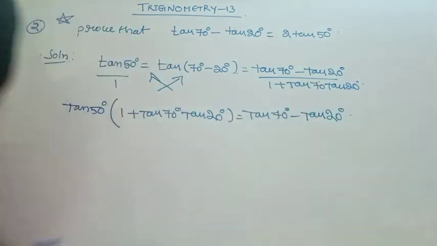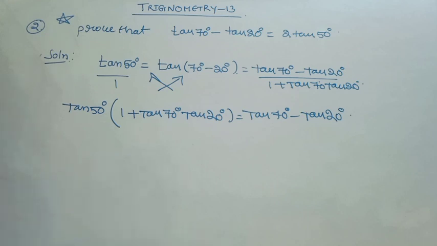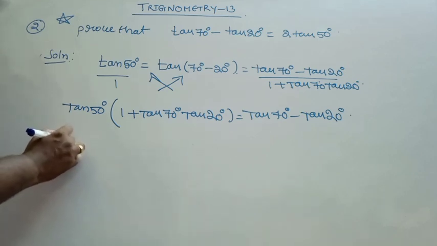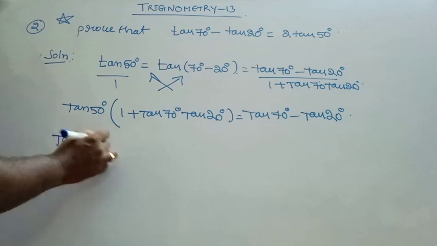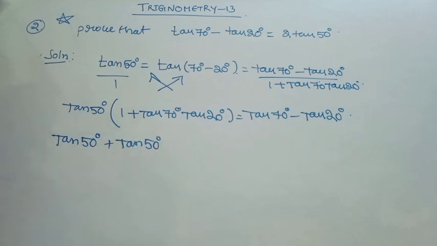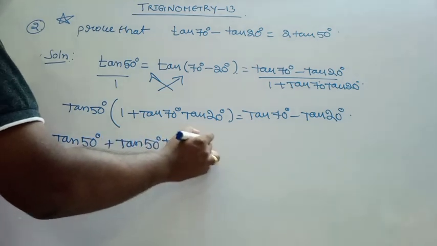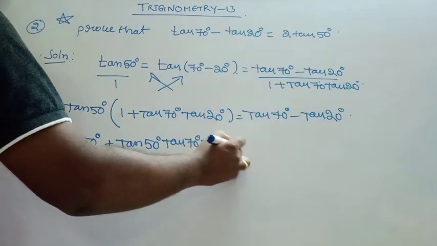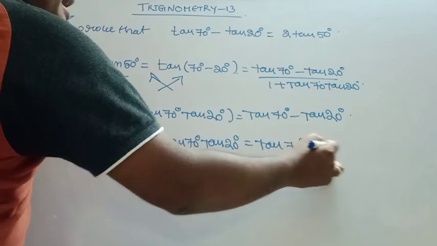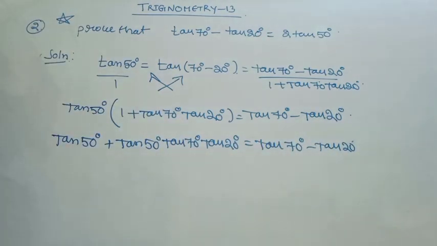Wonderful. Now this is equal to tan 50 degrees plus tan 50 degrees into tan 70 degrees into tan 20 degrees is equal to tan 70 degrees minus tan 20 degrees, right? Fine, wonderful. This is what we have got here.